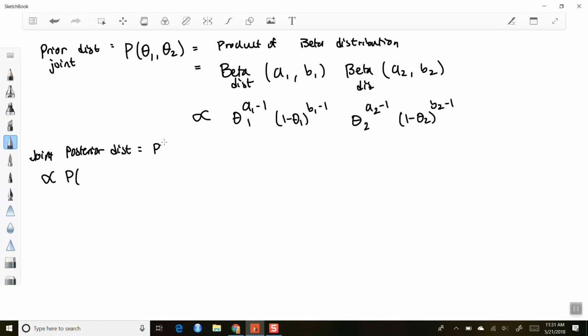So this is the probability of theta 1 comma theta 2 given the data. This is proportional to the likelihood times the prior.